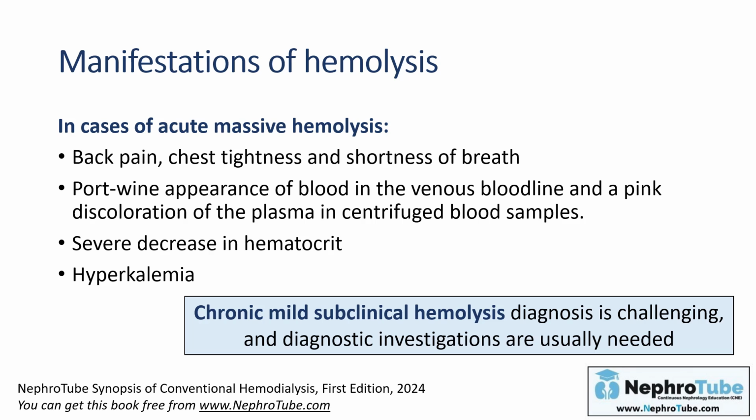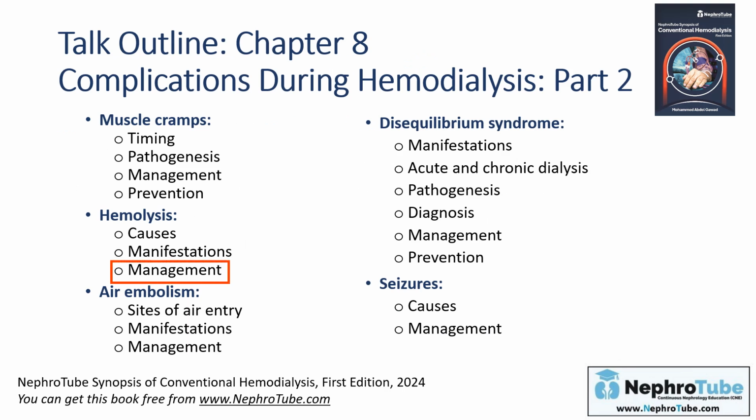By investigations, in comparison to the pre-dialysis hemoglobin and potassium levels, you will find that after the dialysis session there is an increase in potassium and a decrease in hemoglobin. This may raise the suspicion of chronic mild subclinical hemolysis.